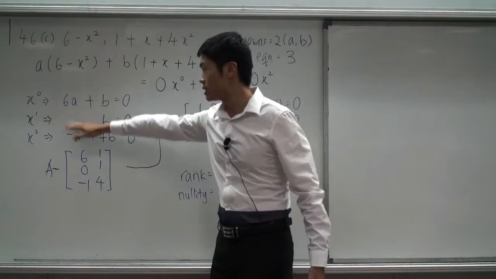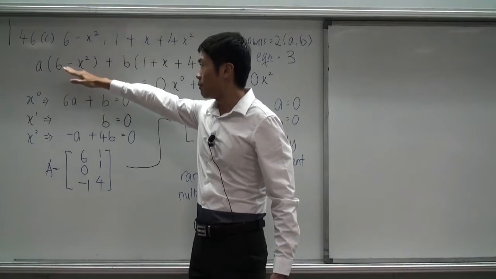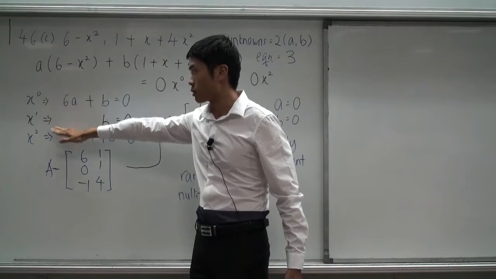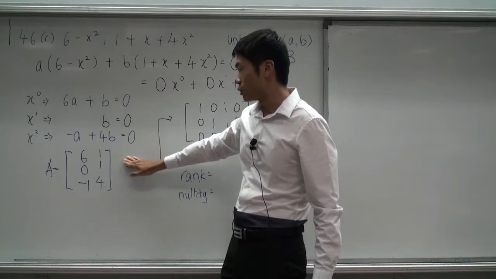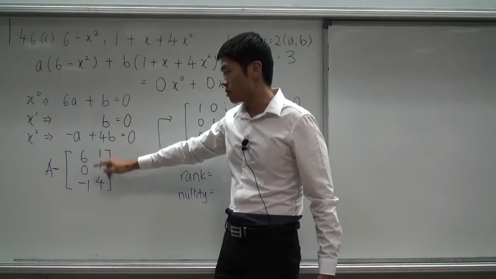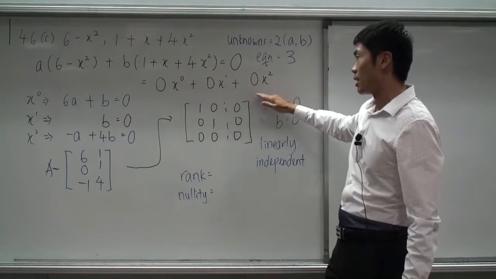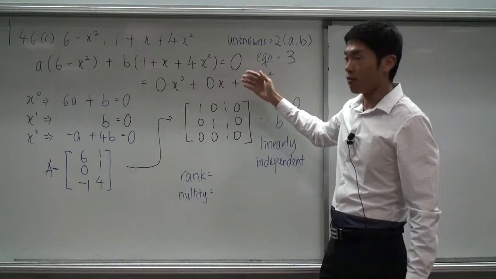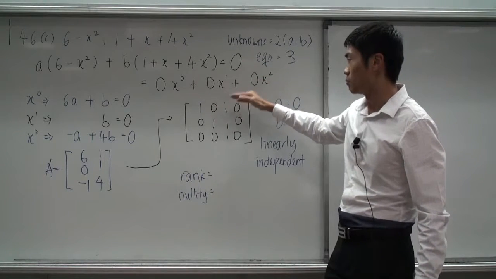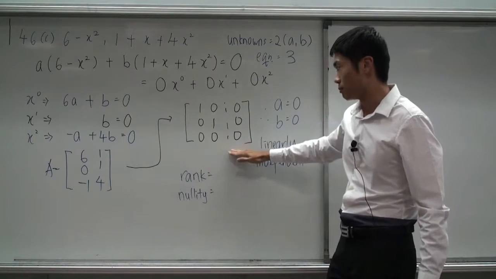So you have this system of linear equations where you take all the coefficients of x^0, x^1 and x squared and put them into a system of linear equations. The matrix A is 6, 0, minus 1 and 1, 1, 4. When you put it into an augmented matrix form and reduce it into a row echelon form, you get 1, 0, 0, 0, 1, 0, and the last row becomes 0.